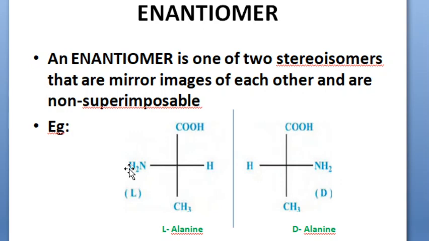So if it is not superimposing and a mirror image relationship is there, then one unit will become an enantiomer of the other, and this will become an enantiomer of this one. So those two are said to be enantiomers, and these are stereoisomers around a carbon having 4 different groups.